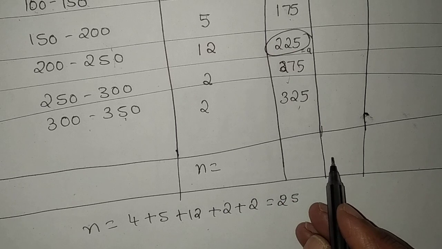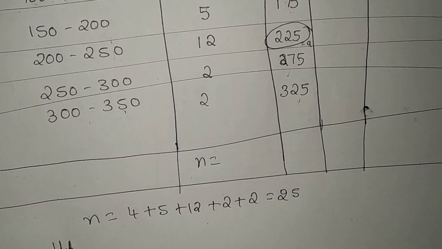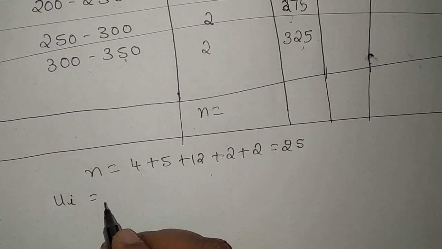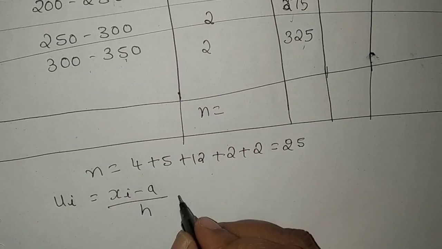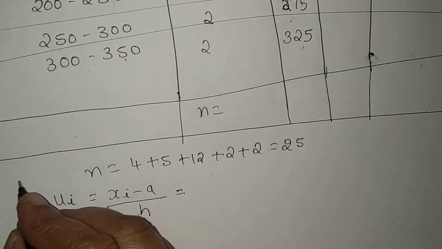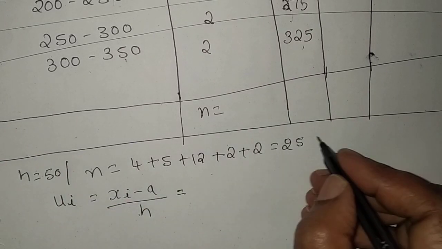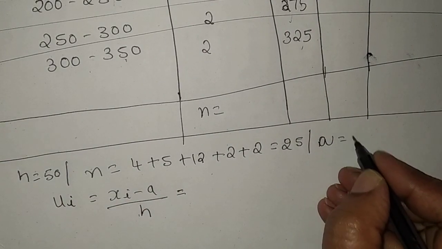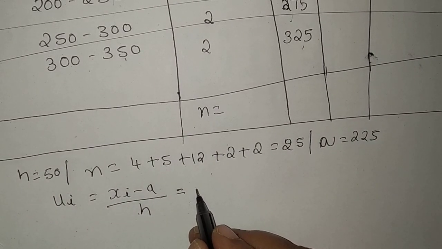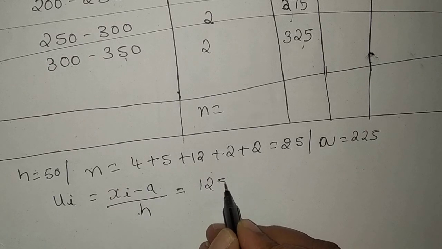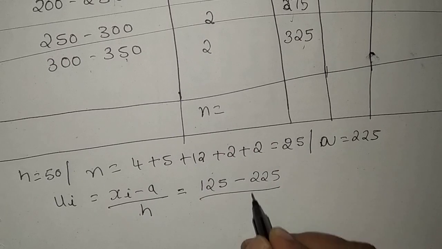Next is to calculate ui for each set of values, that is xi minus a by h. We know all the values. h will be equal to 50, and a will be equal to 225. Now substituting, the first set of value of xi is 125 minus 225 by 50.